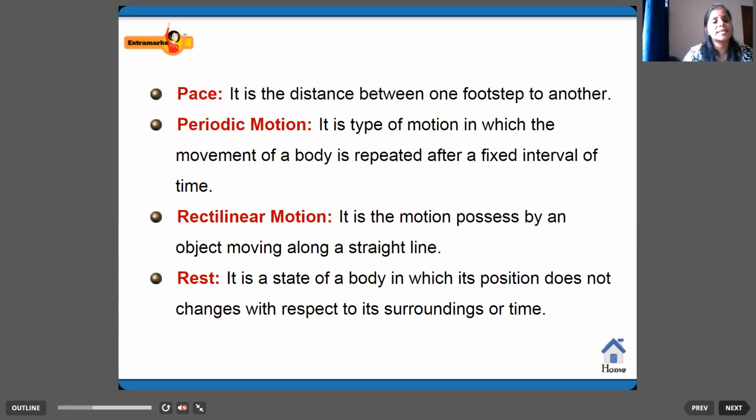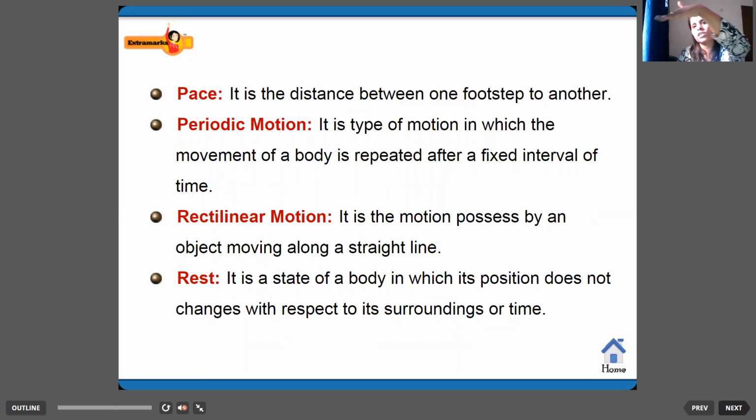Pace is the distance between one footstep to another. Periodic motion is a type of motion in which the movement of a body is repeated after a fixed interval of time. Rectilinear motion is a motion possessed by an object moving along a straight line.